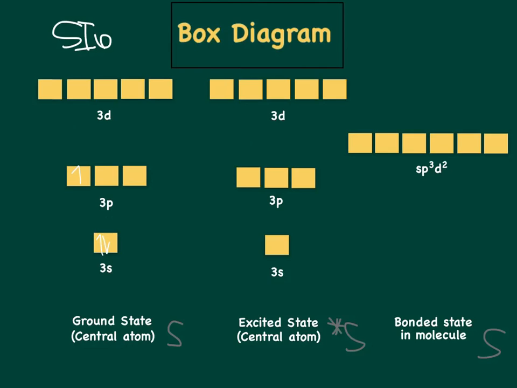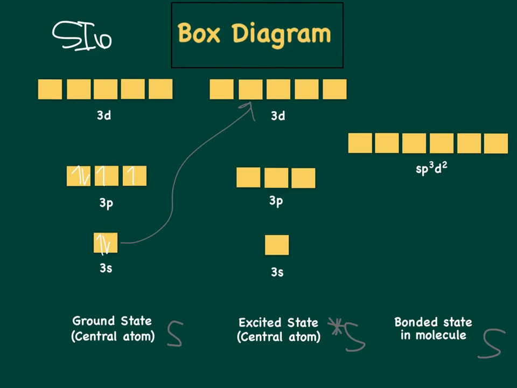So we'll go starting from left to right. Here we have our 4 electrons. Now, since we have 6 iodides, we need 6 parking spaces for our hybridization. So we need to figure out which electrons we need to promote. In this case, it'd be easier to promote an electron from 3s up to the d orbital.